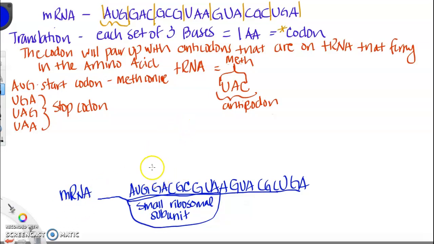So it will connect with the small ribosomal subunit, and the first anticodon will ferry in the first amino acid to start the protein. This is the start codon, and it goes with the start anticodon, which is UAC.